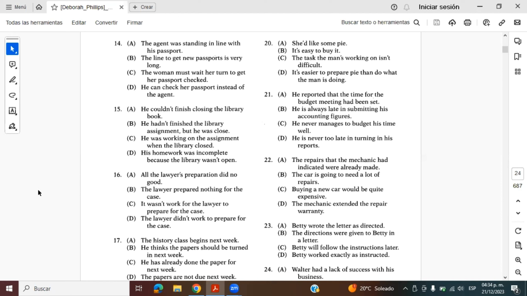What does the woman say about Paul? Number 16. The lawyer spent hours and hours working on that case. It's true that he prepared hard for the case, but his work was for nothing.